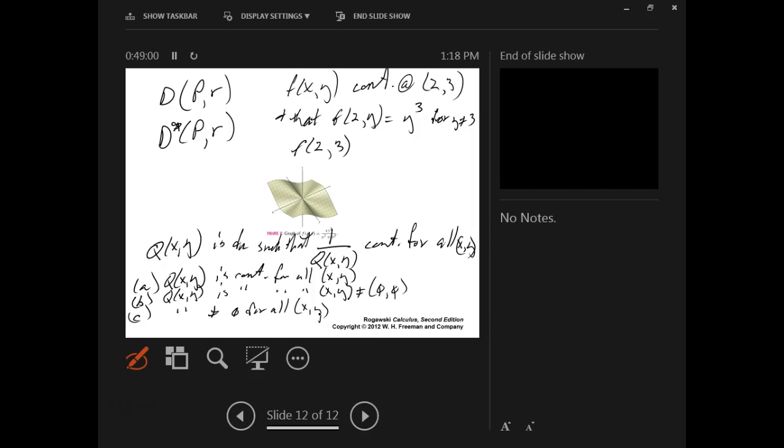Now, which of the following statements are true? So that indicates that more than one may be true. Maybe all 3 of them. Let's see. Q of xy is continuous for all xy.